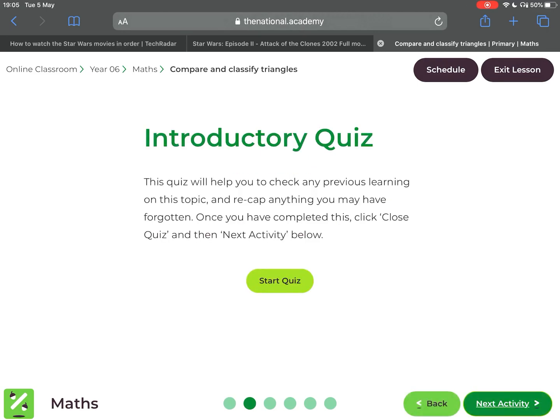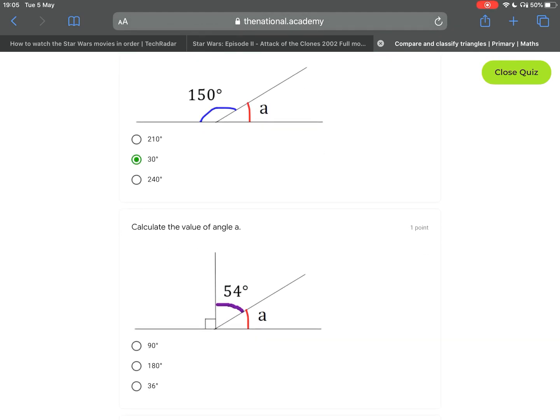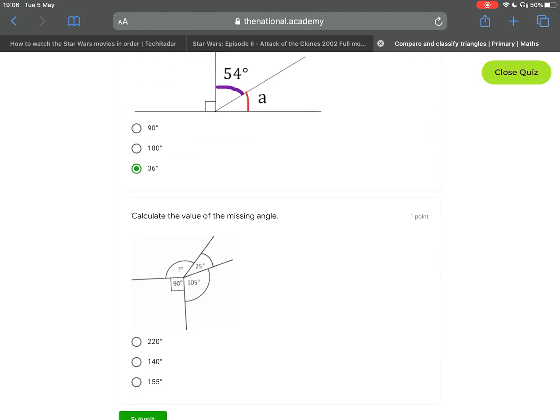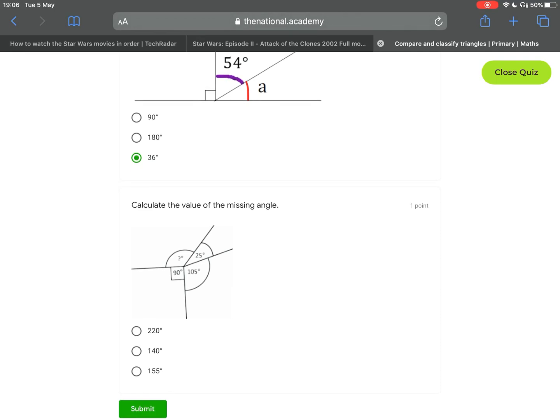So first you're going to have an introductory quiz. Calculate the value of angle A, that will be 30 degrees. Calculate the value of angle A again, that would be 36 degrees. Calculate the value of the missing angle.